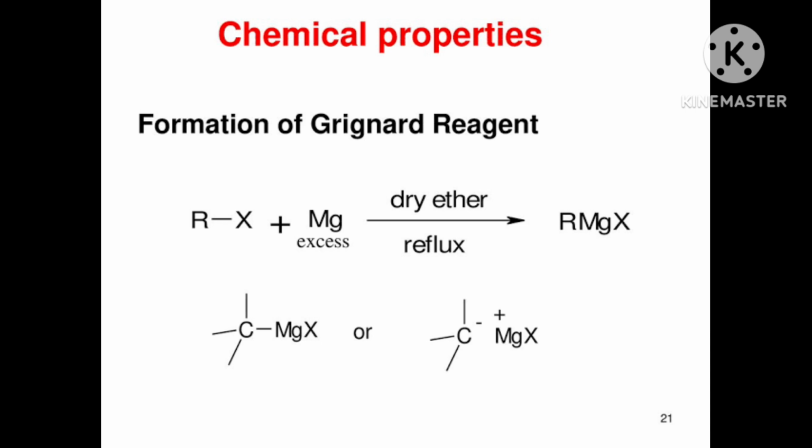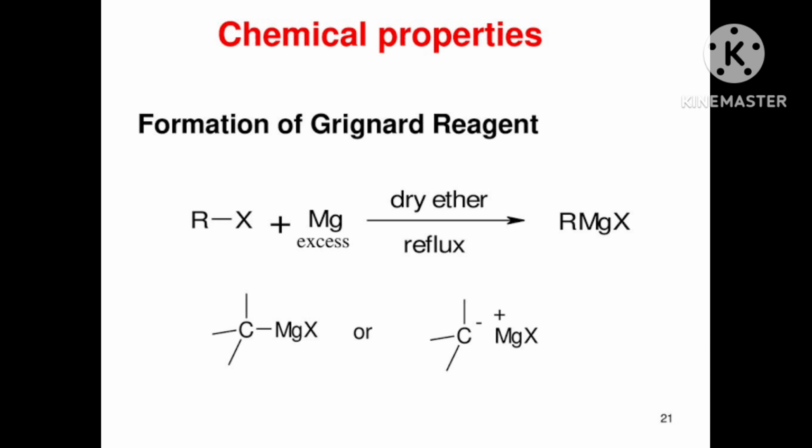Wurtz reaction, I am telling you, Wurtz reaction, W-U-R-T-Z. It is a very, very important reaction. Alkyl halide reacts with sodium in dry ether to give a hydrocarbon containing double the number of carbon atoms present in the halide. This is important.